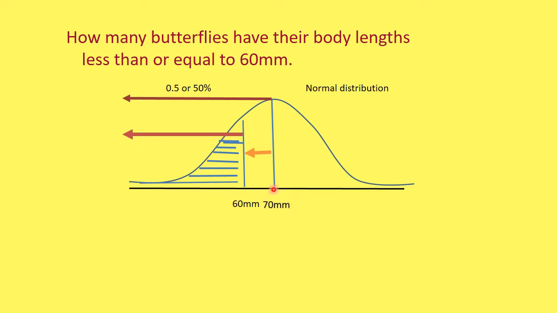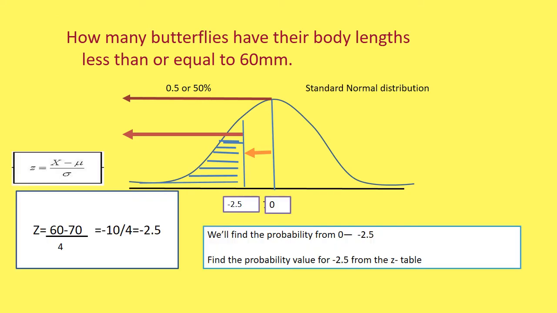And you all know 70 millimeter, the mean of the population, is 0 in Z-score. But 60 millimeter we have to find by using the equation, and we will see how to find it.